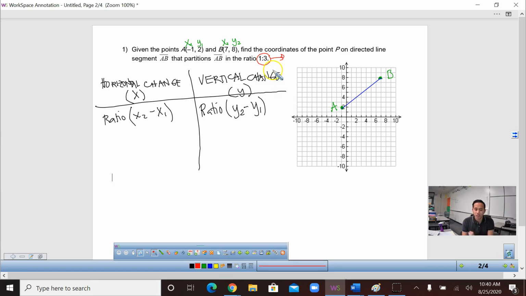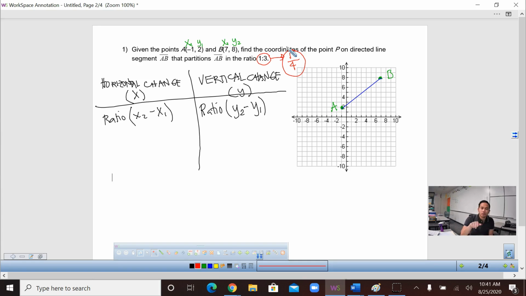Keep your 1 as your numerator, and then 3 plus 1, which is 4, that's your denominator. So meaning the whole line segment measures 4, and then you have to divide it in the ratio of 1:3.